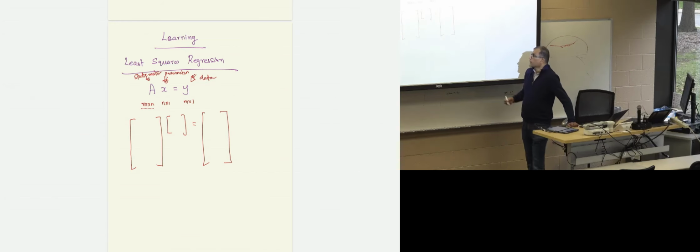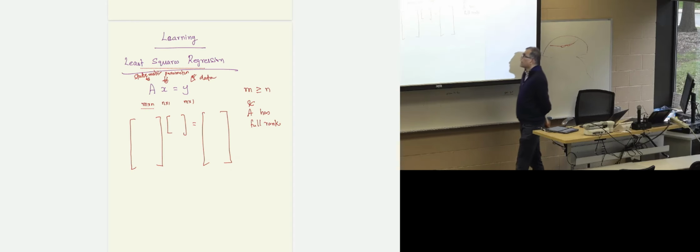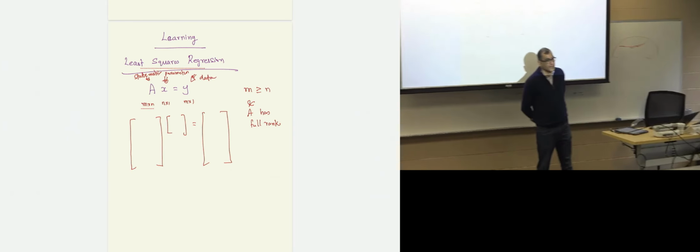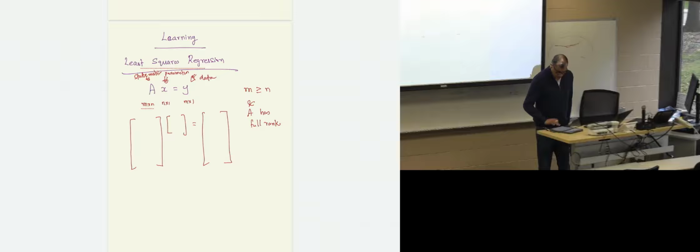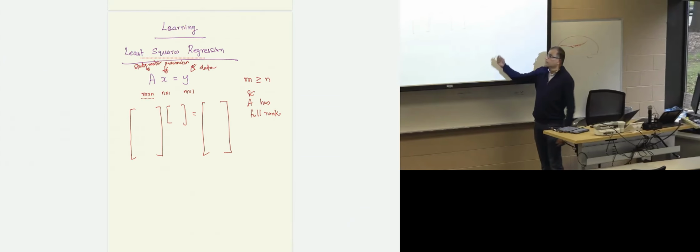Right. So let's first consider the case where m is greater than or equal to n, and A has full rank. Full rank meaning the rank of A is n. So what does least squares regression do?